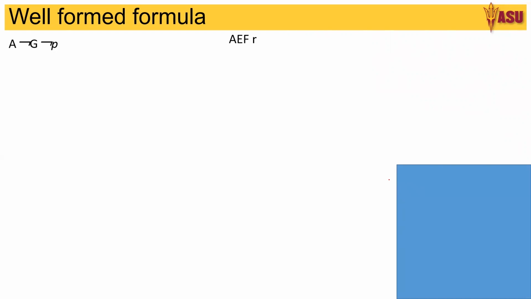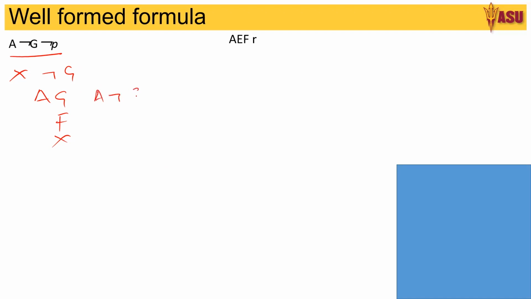Looking at the two formulas over here, the first one, we have A, all paths, not globally not P. Now, this is not a well-formed formula because of the not G. A has to be followed by either a G or an F or an X. It cannot have a not coming in between.